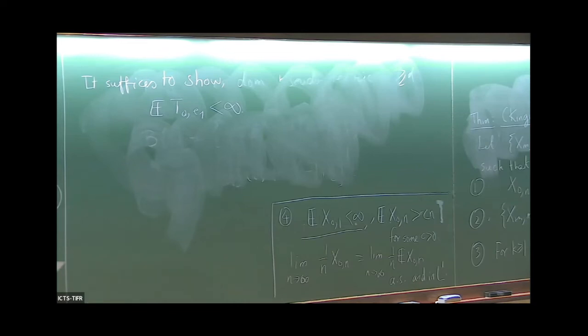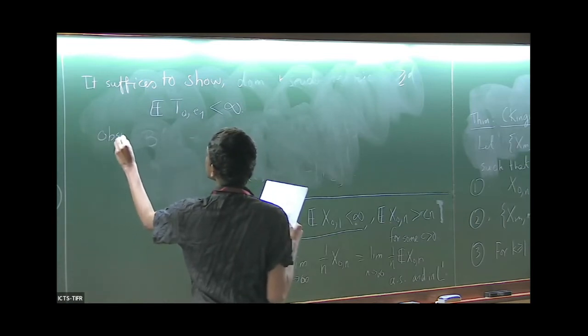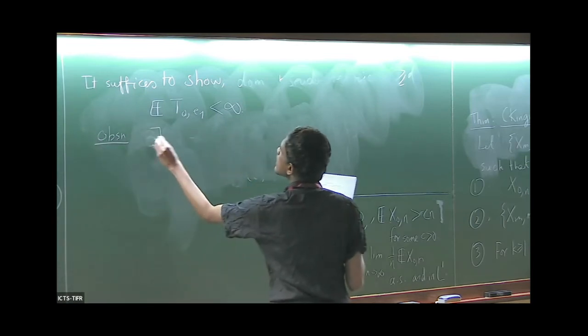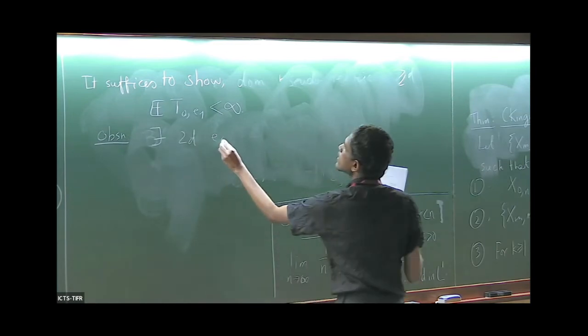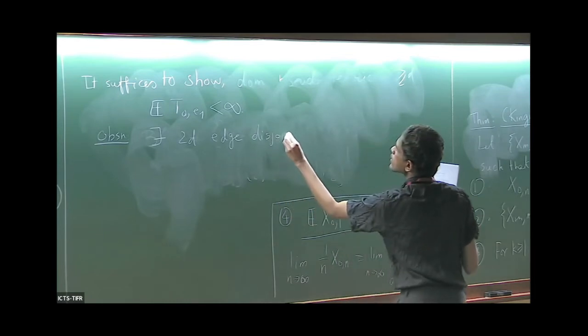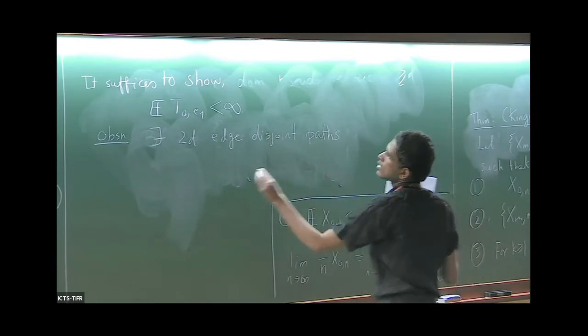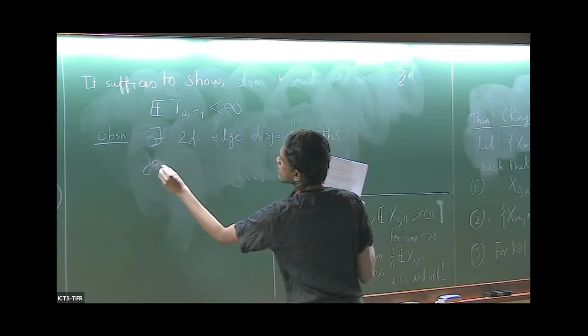Okay, so let's do this quickly. Observation: there exist 2d edge-disjoint paths joining 0 and e1.